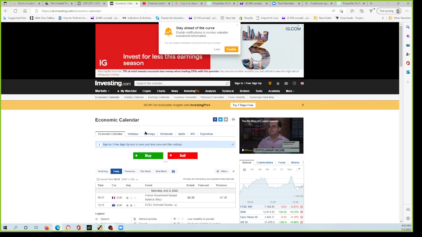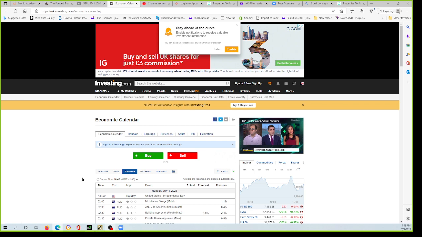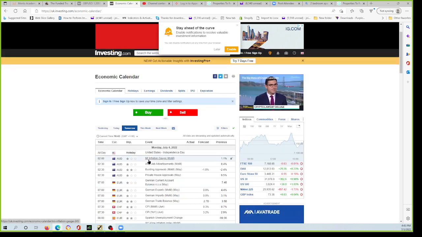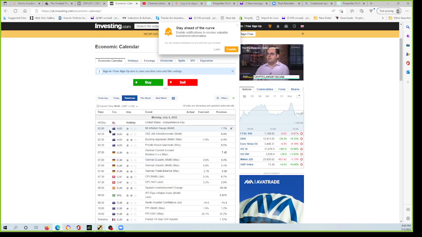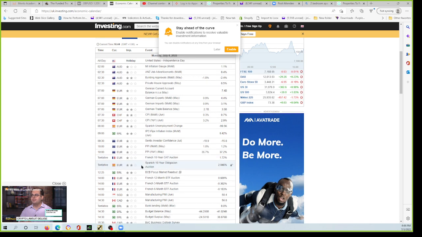This is the economic calendar. So you want to go there and see if there are some macro or microeconomic news coming on what you trade. So tomorrow you have the Aussie, these are inflation, then this is the euro. What are the news coming?